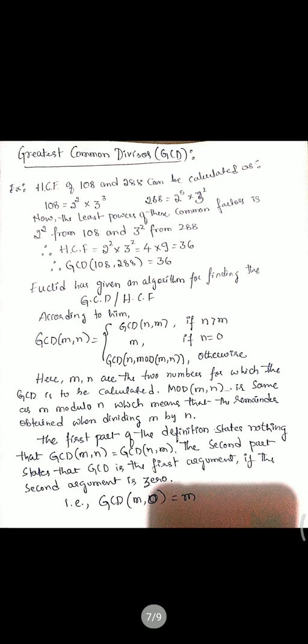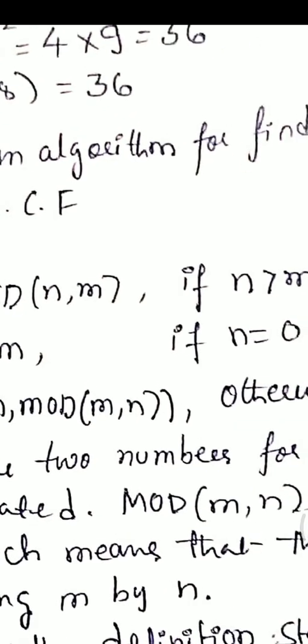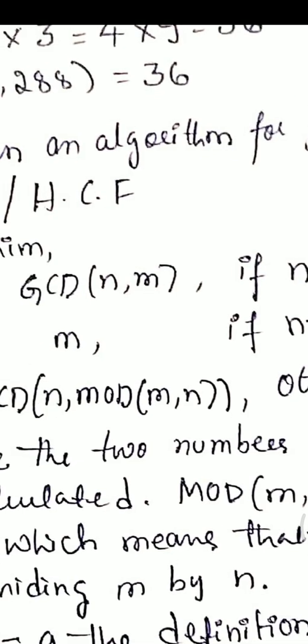Here you can observe the result in the form of the second definition: GCD of m comma n, if n is 0, results in m itself.